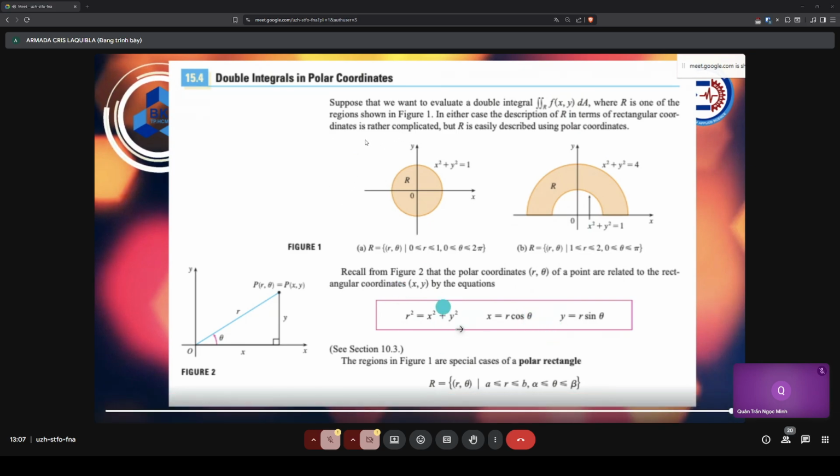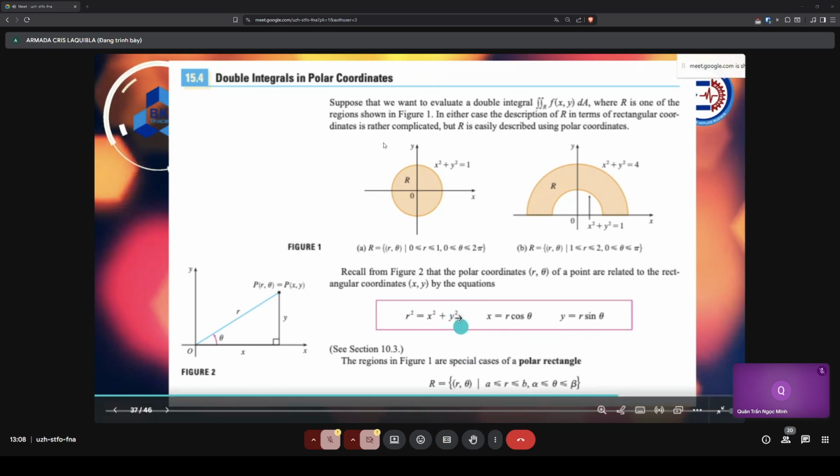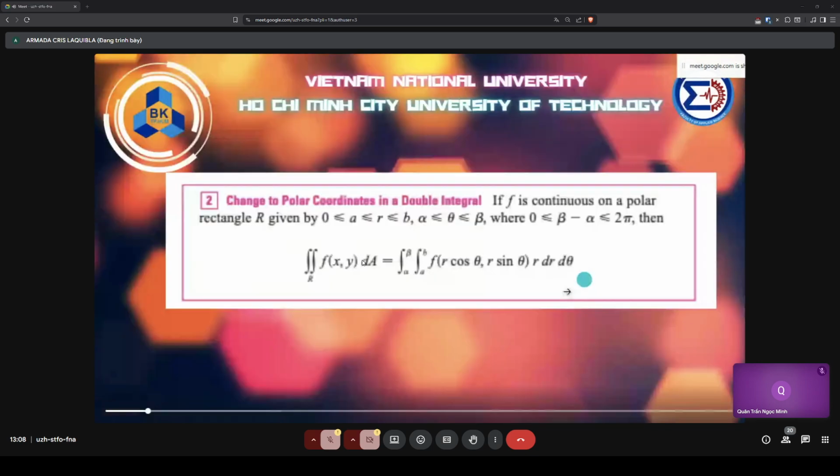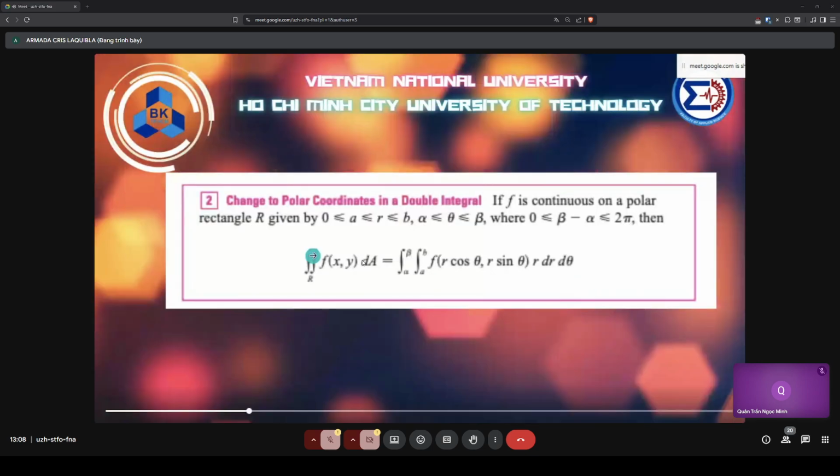If it does not form x squared plus y squared, then y is equal to r sine theta. And your dA is equal to r dr d theta. Your dA is r dr d theta. So your f(x, y) now becomes x replaced with r cosine theta and y replaced with r sine theta.